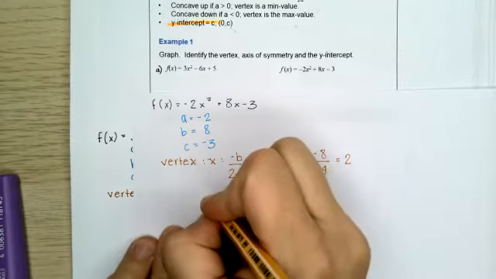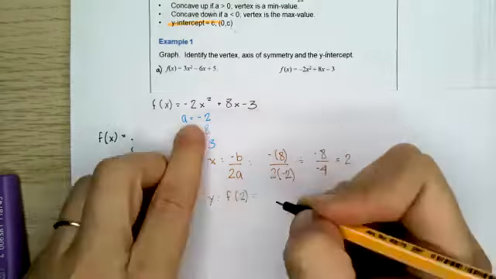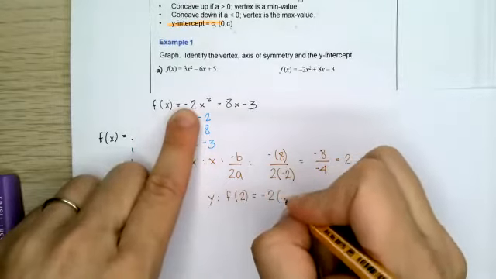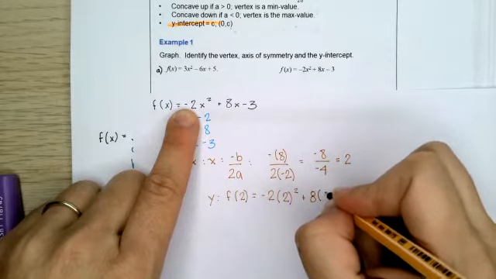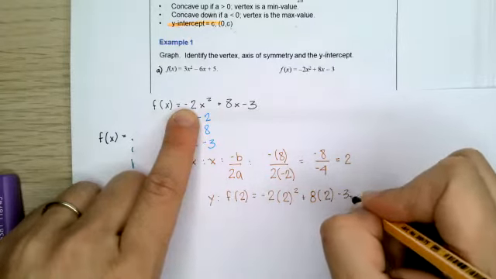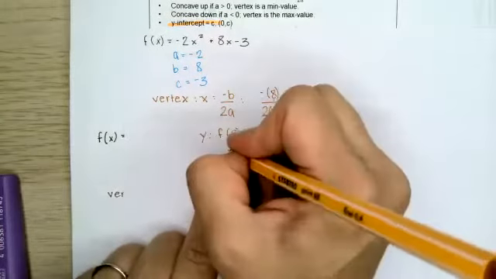To find my y value, I now say f of 2 is negative 2 times 2 squared plus 8 times 2 minus 3. Let's solve this.